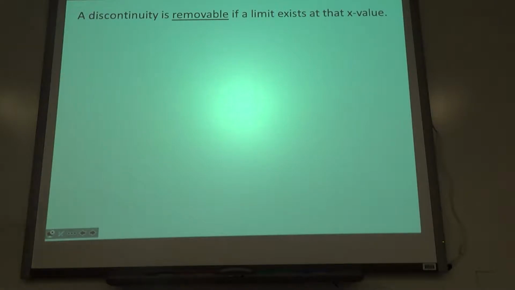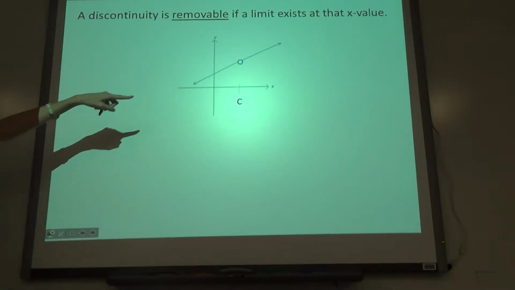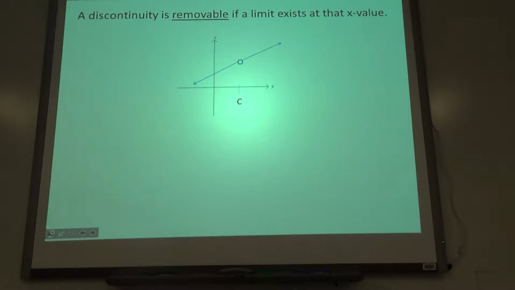So I'm going to put a picture of a graph up here. You might want to just sketch this down so you have a good idea of what this is going to look like. This is just an example of a function that has a removable discontinuity.